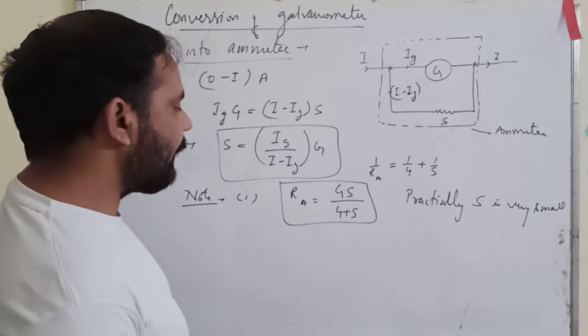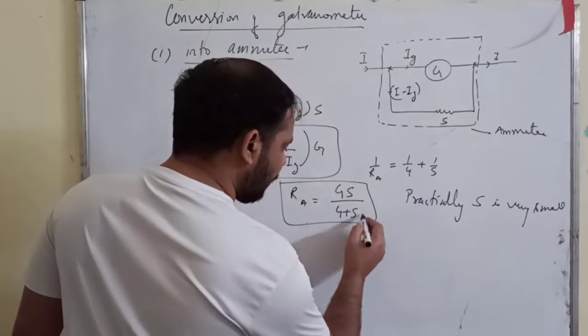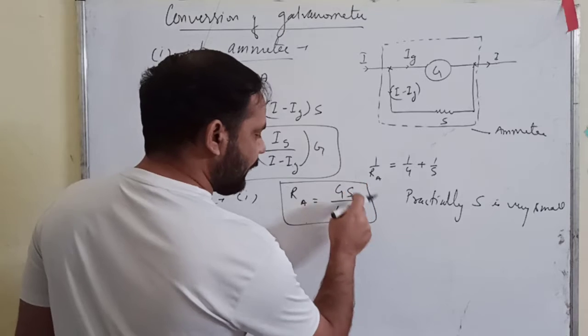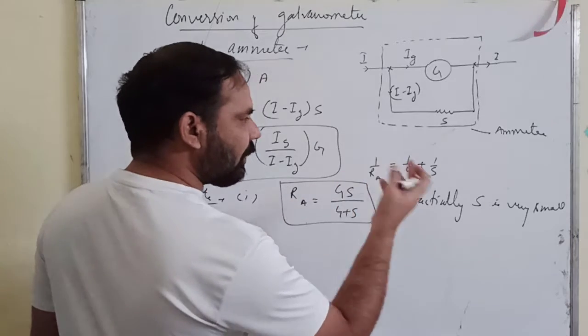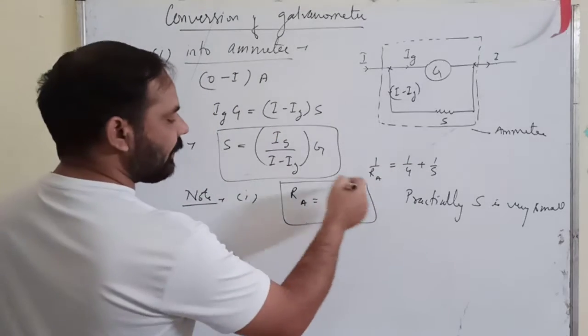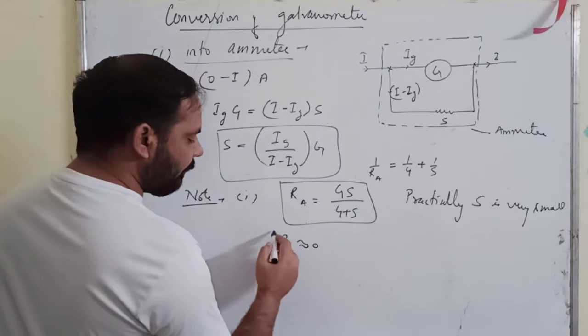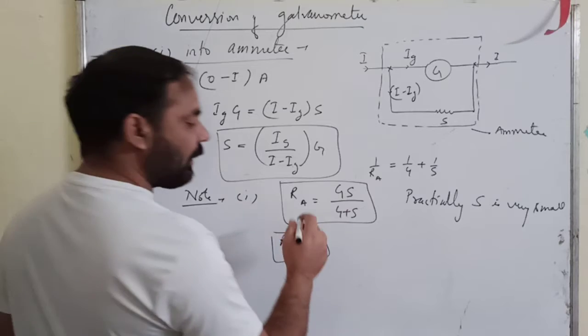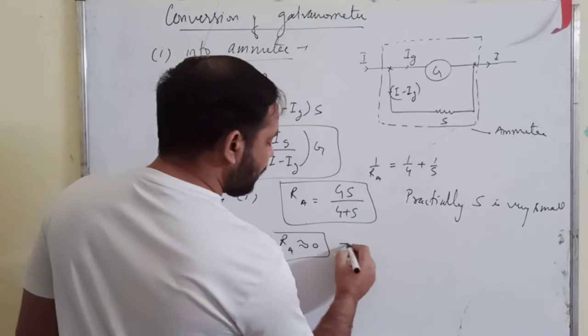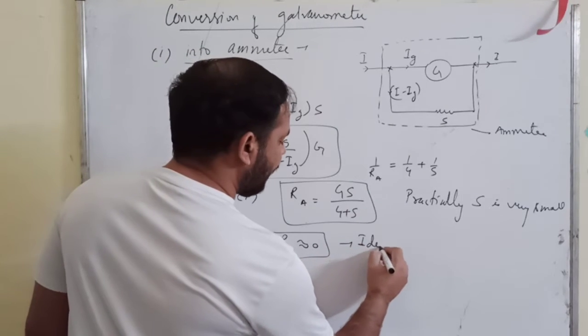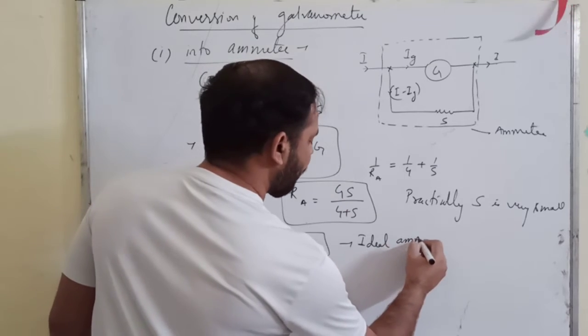For an ideal ammeter, S is small, and G is already very small, so this RA should be very small. Now if the resistance of the ammeter becomes almost equal to 0, then we call it an ideal ammeter.